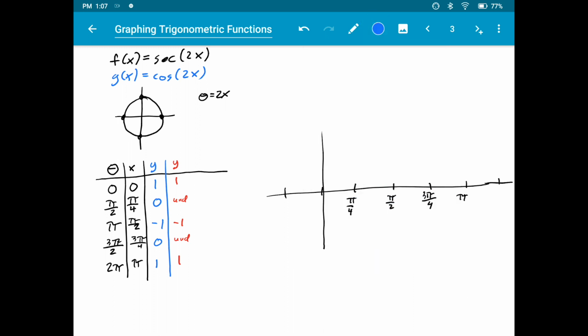For the cosine graph, this gives us points that look like 0, 1, 0, negative 1, 0, and it will continue in both directions and give us the graph that looks like this.